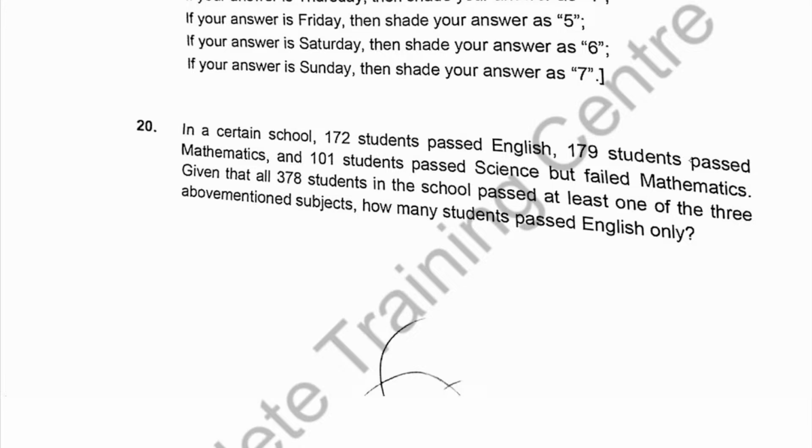So for this question, if we have 172 students who passed English, perhaps it might be a wise idea to draw a Venn diagram.